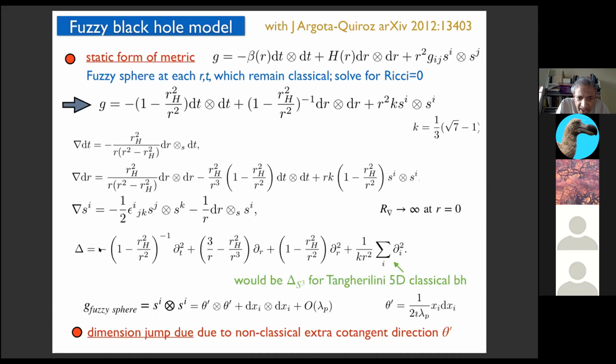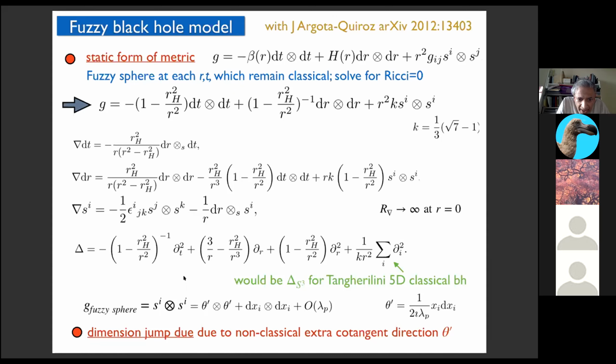So we have exactly the same radial form as a Tangherlini black hole in 5D. The only difference is that where you would normally have the 3-dimensional Laplacian on each S3, we now have the fuzzy sphere Laplacian on each fuzzy S2. And this is given by the double derivative, the quantum derivative, the di's defined with respect to the basis SI.